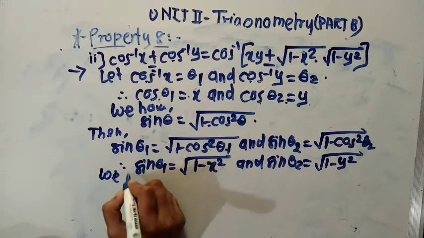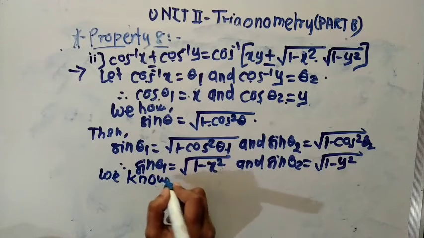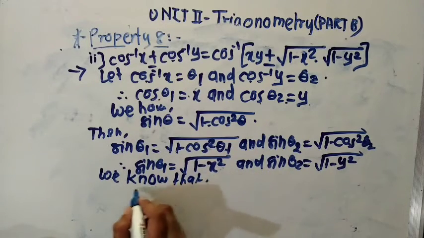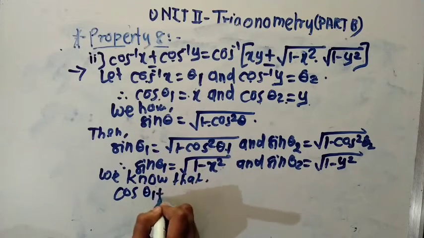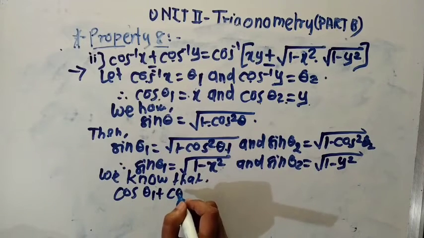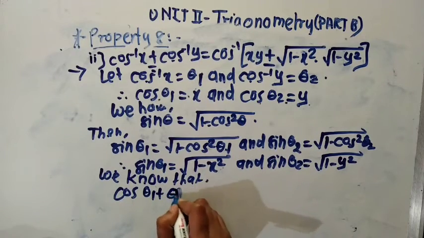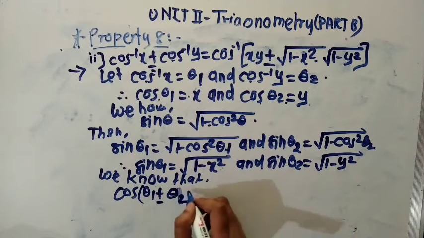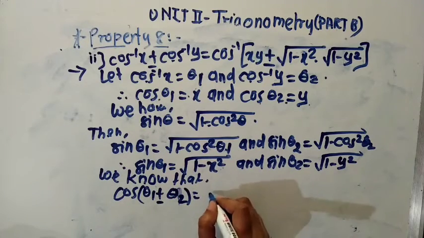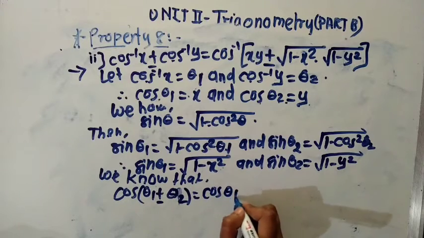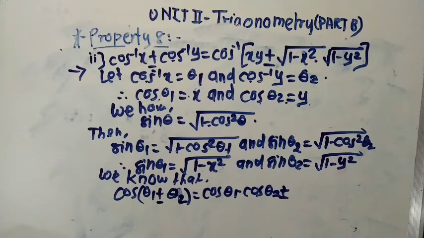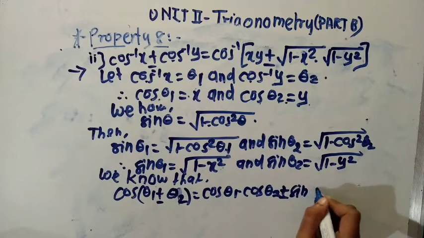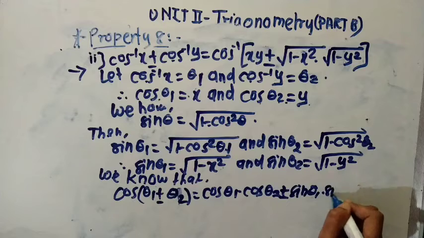But we know the formula cos of theta 1 plus or minus theta 2 is equal to cos theta 1 into cos theta 2 plus or minus sin theta 1 into sin theta 2.